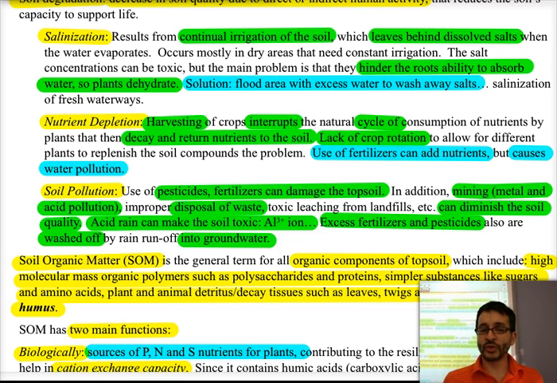Well, what are we doing currently? We use a lot of artificial fertilizers that can add nutrients, but the problem is that those fertilizers can be washed off into the waterways and cause eutrophication. So that is never a good thing.